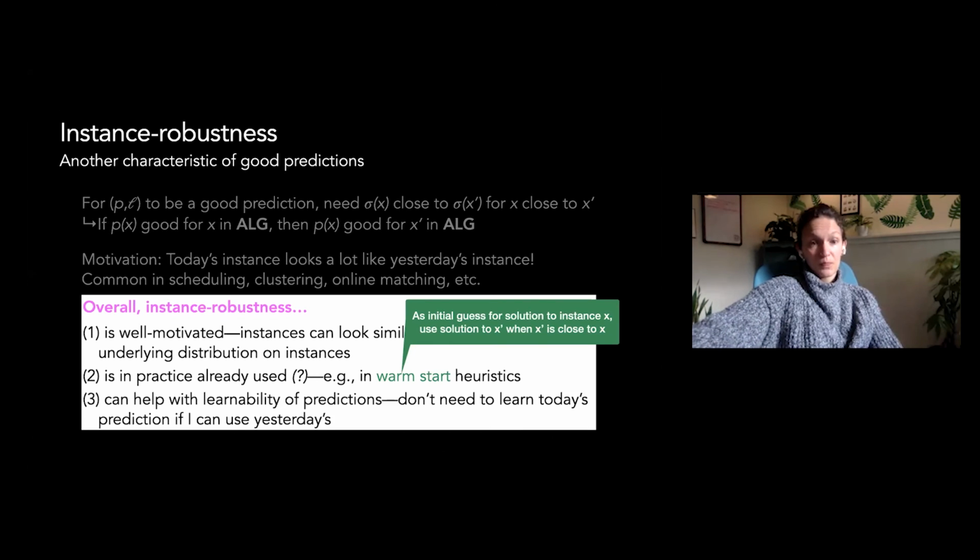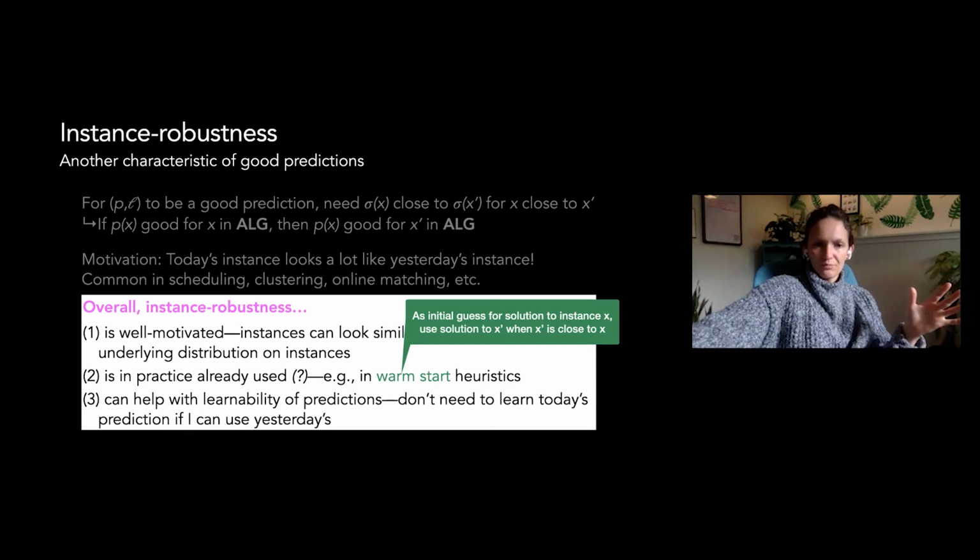And three, there's this important piece to good predictions, learnability, and learnability is sometimes glossed over in the literature. If you have an instance robust prediction, then you also have learnability. Or at least that's the way I'm saying the implication; it's a little bit more complicated than that.